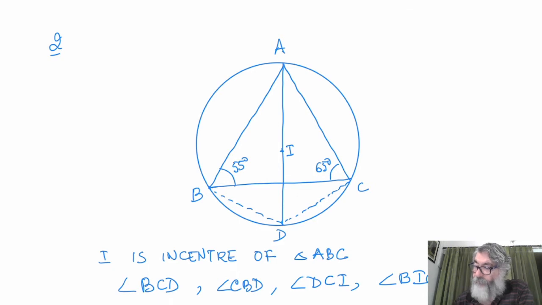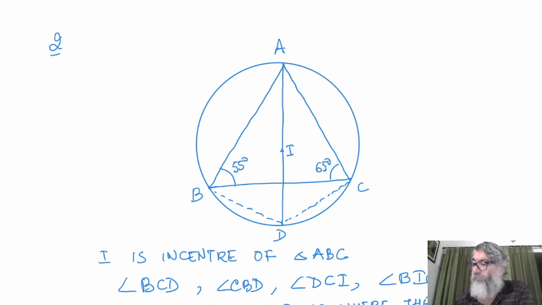Incenter of the triangle is a point where the bisectors of the angles of the triangle are concurrent.